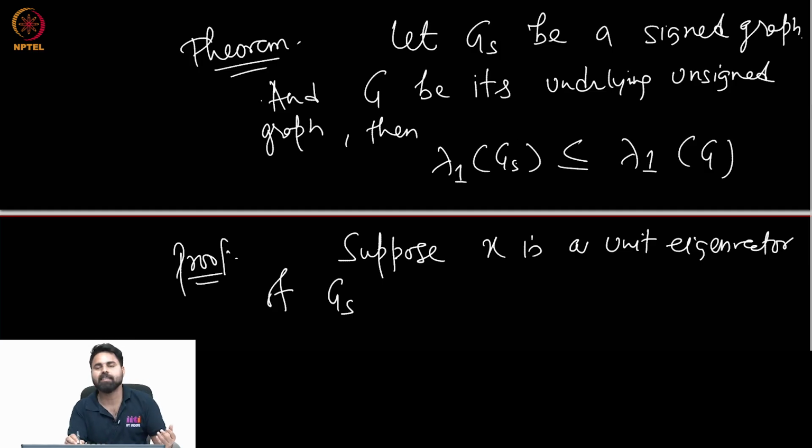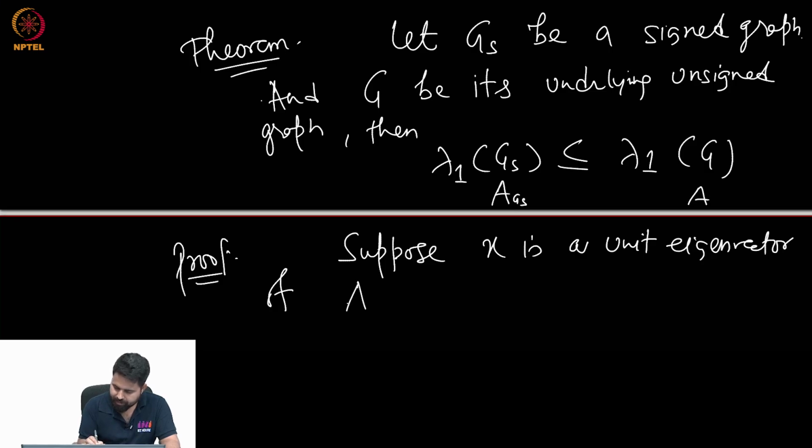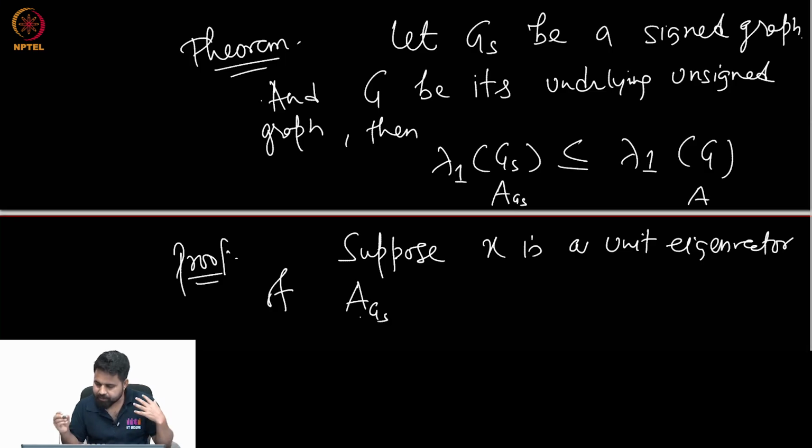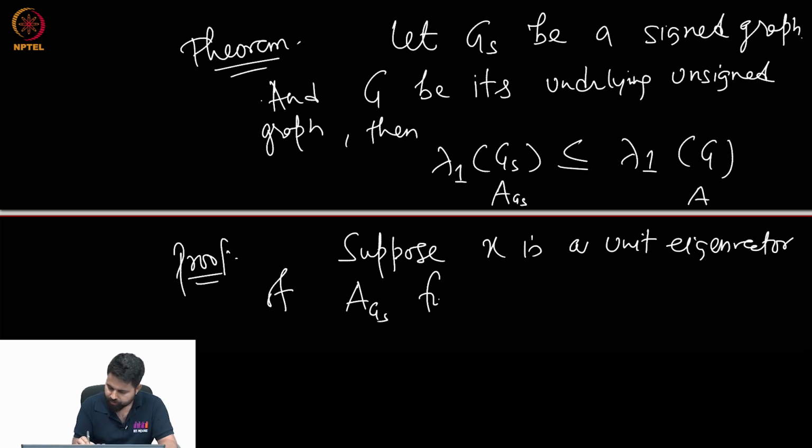Actually here we mean the signed adjacency matrix and the adjacency matrix. So maybe you can call AGS here and A here, simple. So X is a unit eigenvector of AGS, and also X is a unit eigenvector of A for the eigenvalue lambda 1.